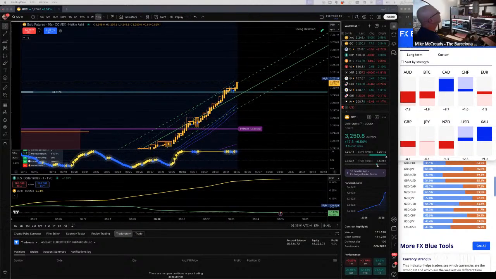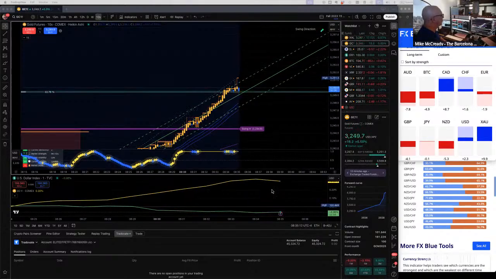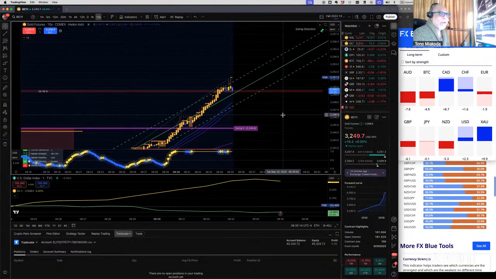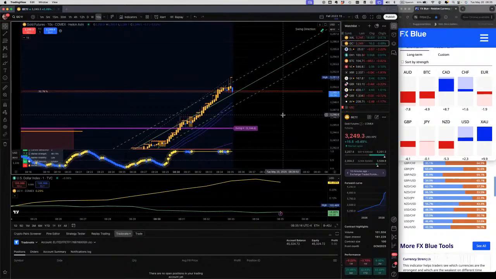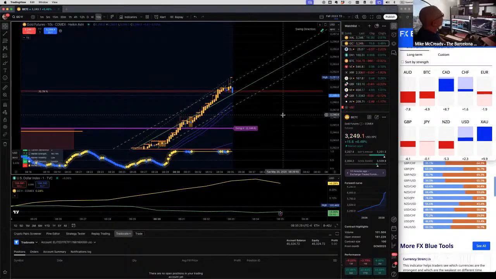Looks like we're going up. And just like that, it's sucking everybody in. It is a bit overextended. It does need to come back and find some support to drive off of.